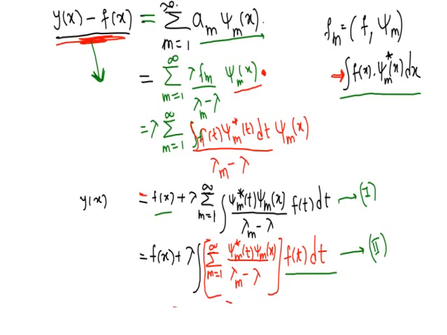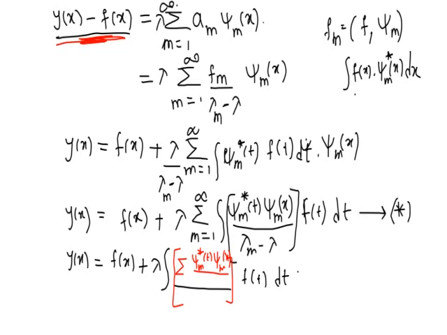Therefore I take this integral sign outside, and inside, along with this summation, is the resolvent kernel into f of t dt, the full thing divided by lambda m minus lambda, where m is going from 1 to infinity. So that is how we get the resolvent kernel.